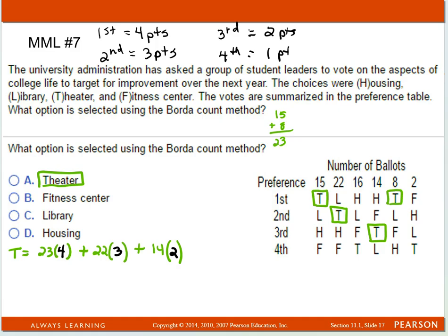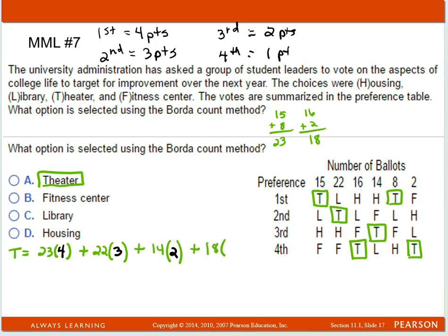And then we look for any fourth place votes. There's a T here, which is under 16, and this T is under the 2. I probably don't need to write this down, but for the sake of my notes, 16 plus 2 is 18.